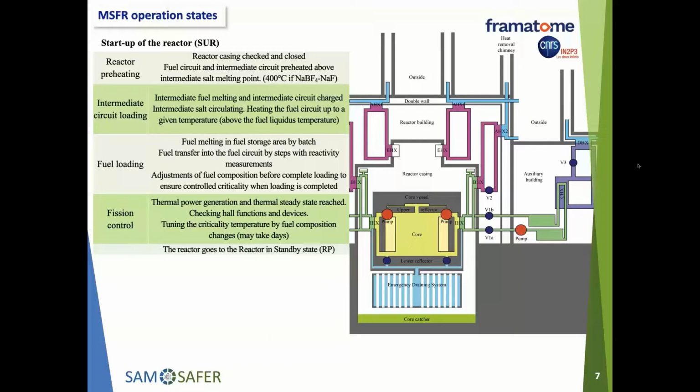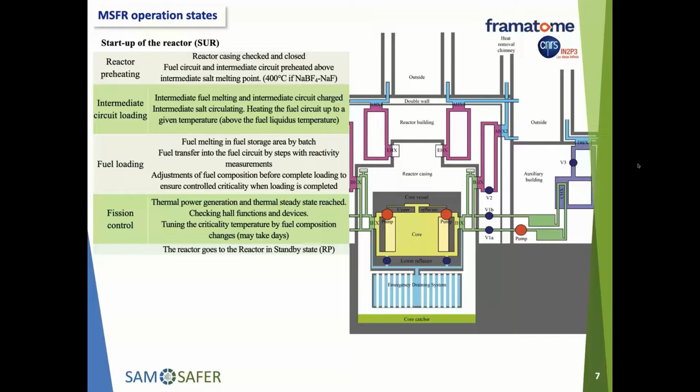So we will fill in the reactor. During the reactor fill-in, we will have a reactivity measurement to be sure that the reactor is not critical before being full. And then we may have to adjust the fuel composition once the loading is complete, to have the correct criticality temperature corresponding to the normal operating temperature of the reactor.